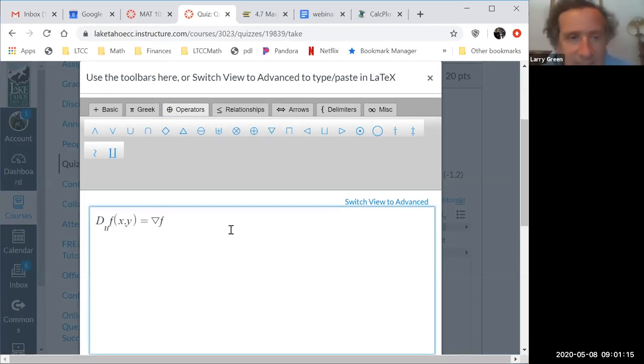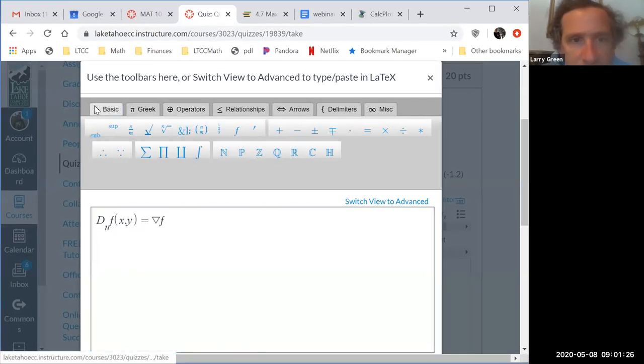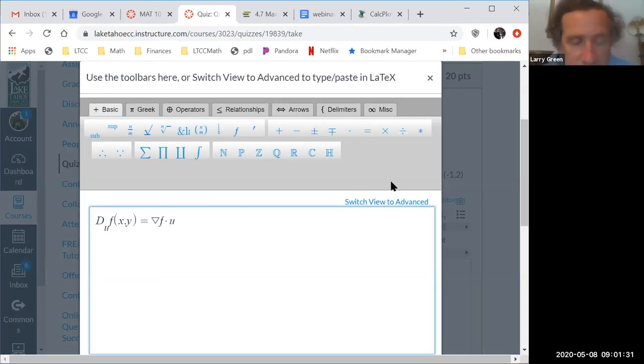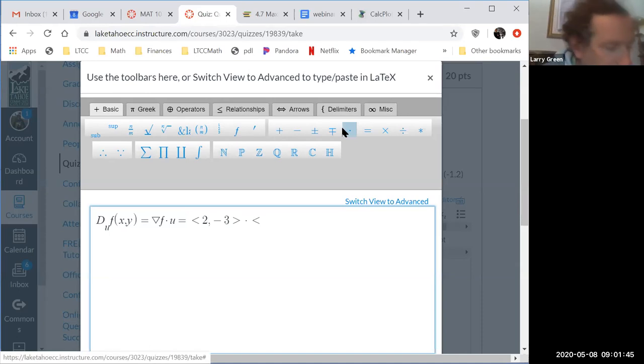Okay, the gradient of f dotted with u. And remember, the gradient of f was 2, -3. And then we want to dot it with u, which was 3/5, 4/5.